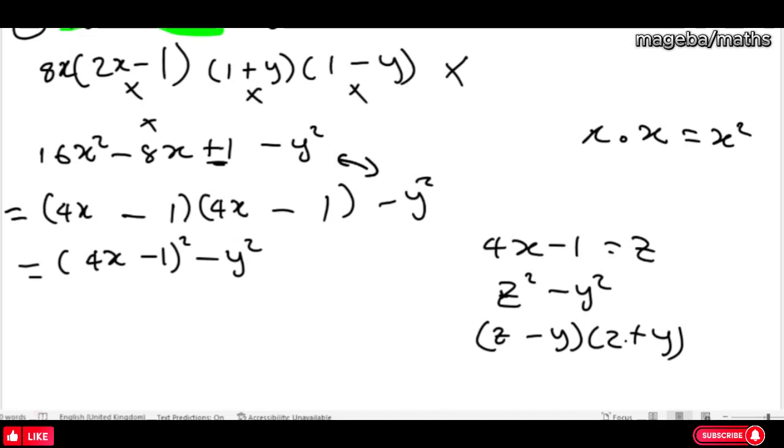Now factorizing this, it's going to be 4x minus 1 plus y, and then 4x minus 1 minus y.